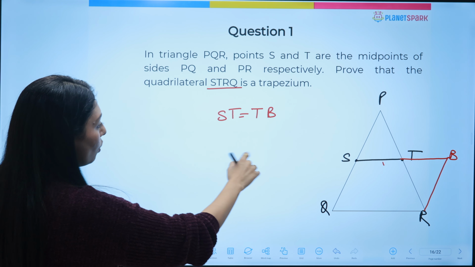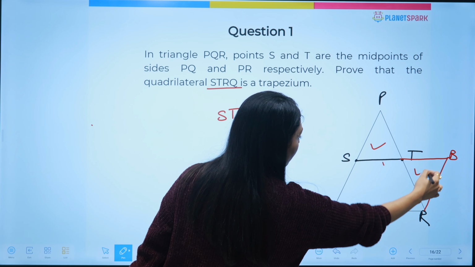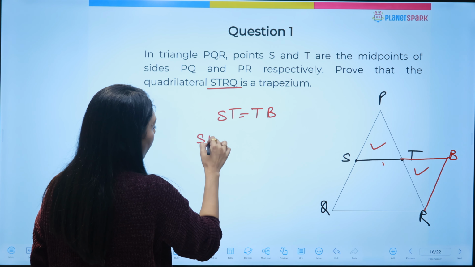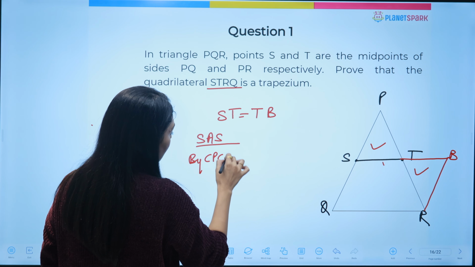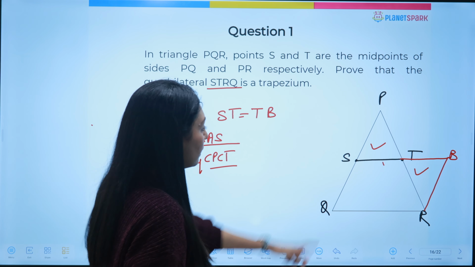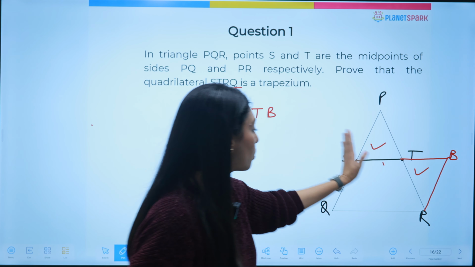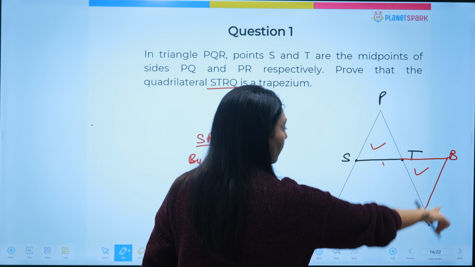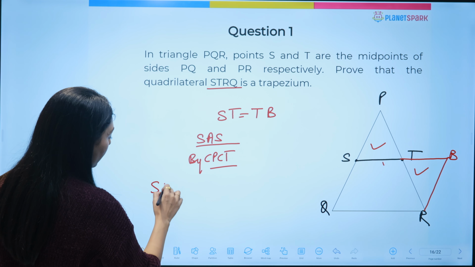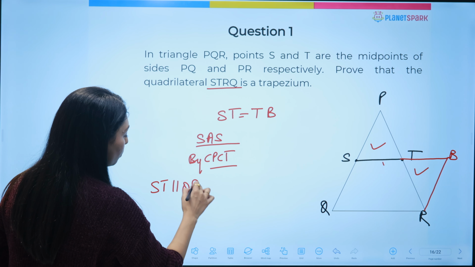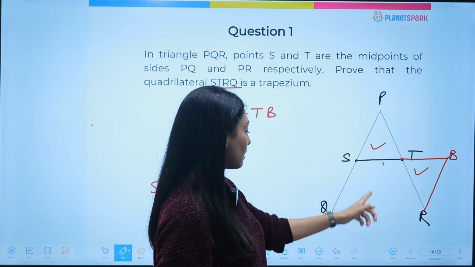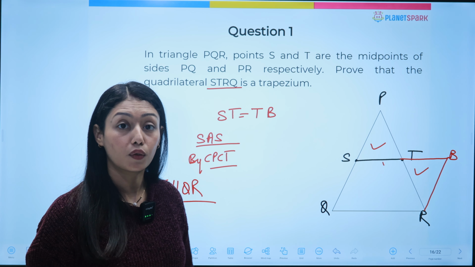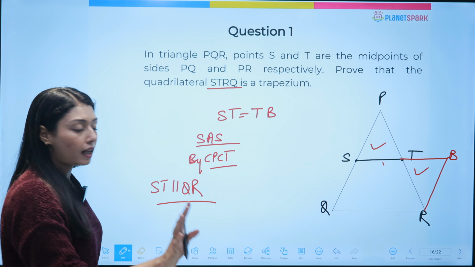So now take these 2 triangles, prove them to be congruent by SAS criteria, then by CPCT I can write these 2 sides are equal, these angles are equal, so they are parallel, then we can prove this is a parallelogram. If this is a parallelogram, then ST is parallel to QR and is half of it. Or directly by midpoint theorem you can say ST is parallel to QR and ST is half of it. Proof हमें करना है, so write the proof there.